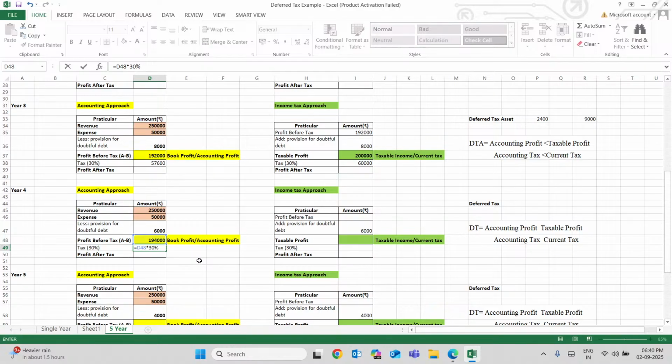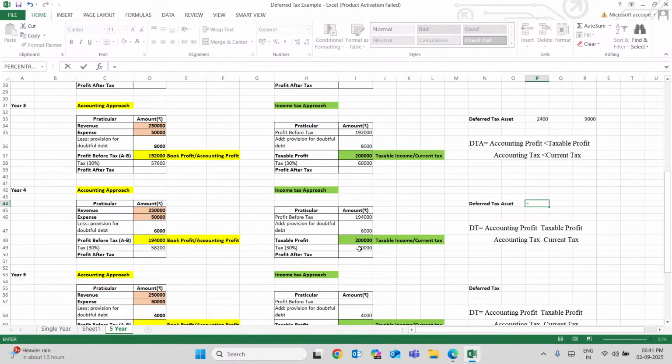Then the taxable income here will be 2 lakh, under which we have the 60,000 as a difference. So again we have a deferred tax. That means it is a DTA. So here we are going to calculate it. Here it will be this minus this. So here it is 1,800.